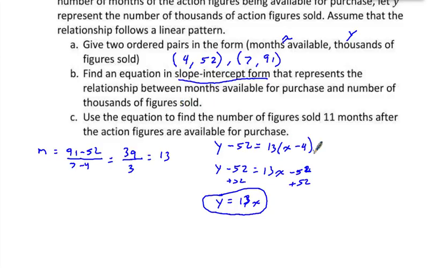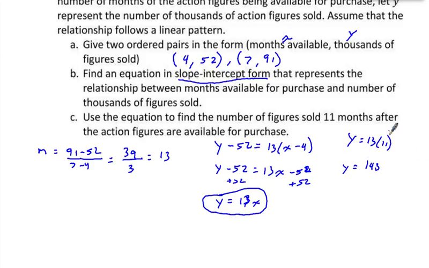Finally, Part C says after 11 months, x again was the months available, so y equals 13 times 11 months will tell us how many thousand figures sold. 13 times 11 is 143. Again, units are important. If we just said 143, even if we said 143 action figures, we would be incorrect.